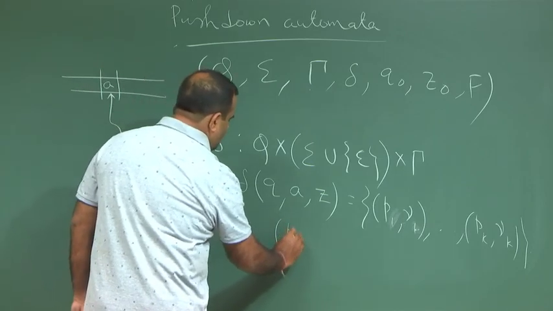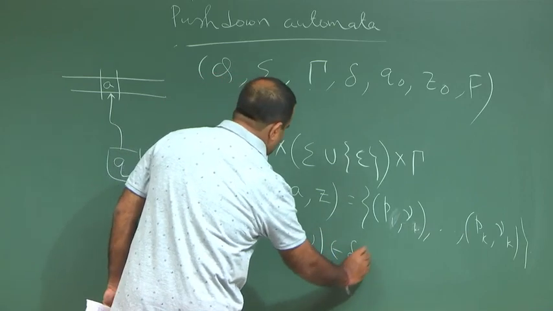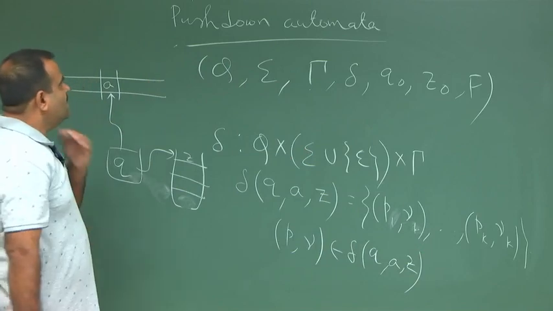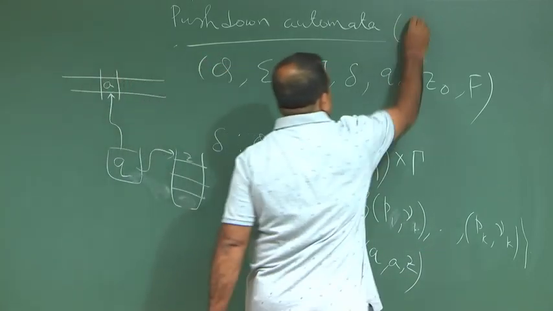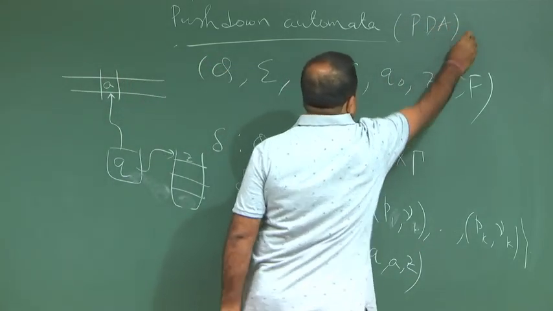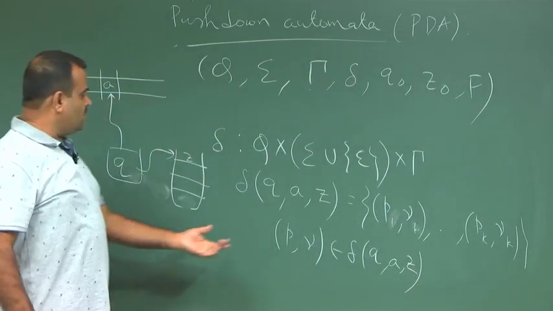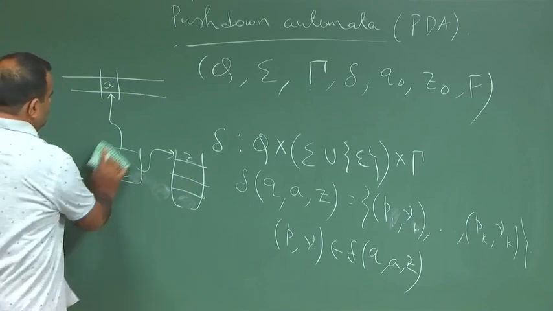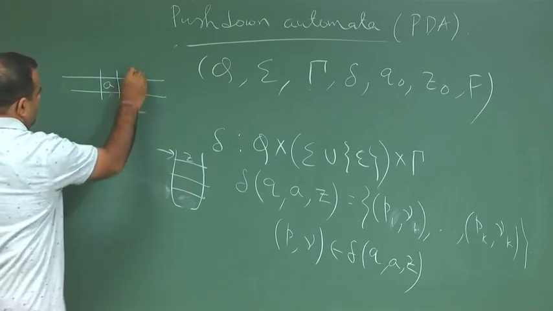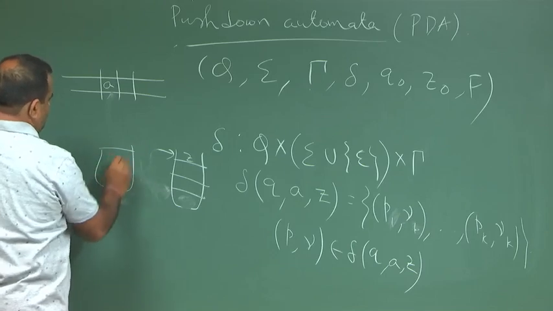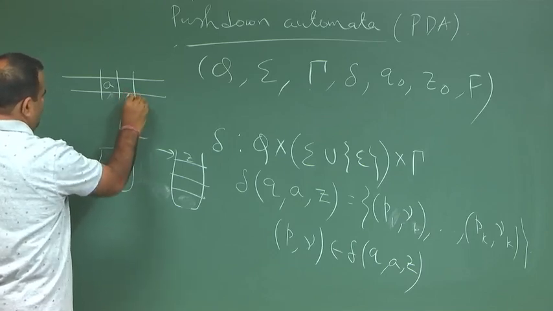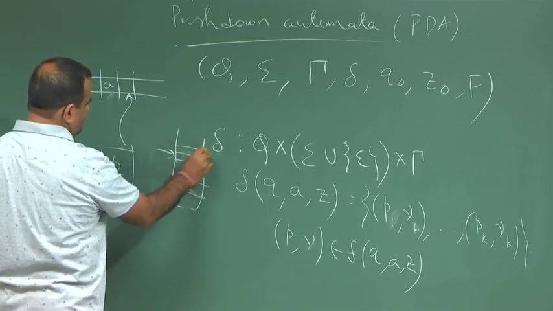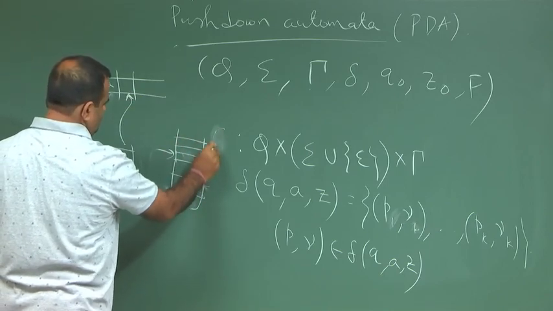Suppose (P, gamma) belongs to this, and our PDA, this pushdown automata, goes to this state. The new state will be P, the tape head will move here, and Z will be replaced by gamma.